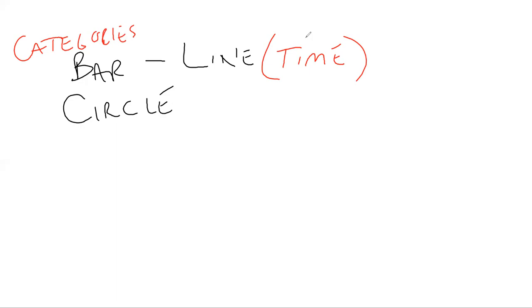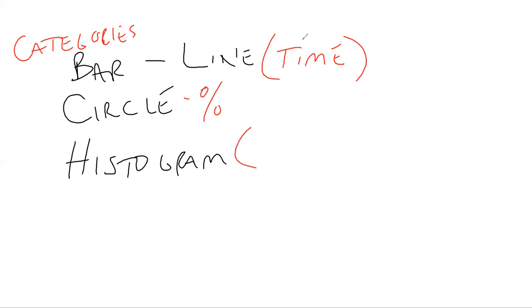Okay, a circle graph is maybe when we want to use a percent or something like that. Okay, the next one would be a histogram. A histogram looks just like a bar graph, but a histogram has to do with what we call intervals.